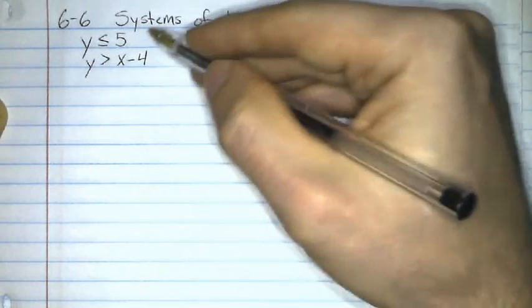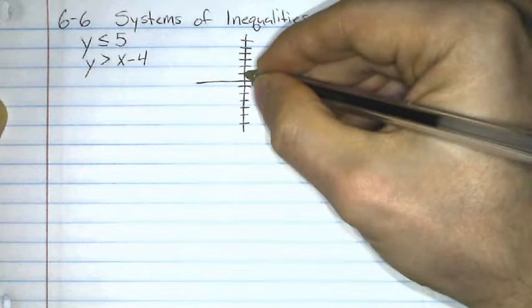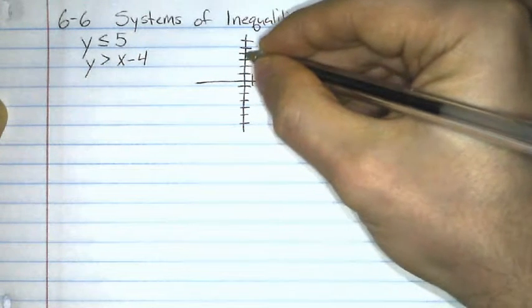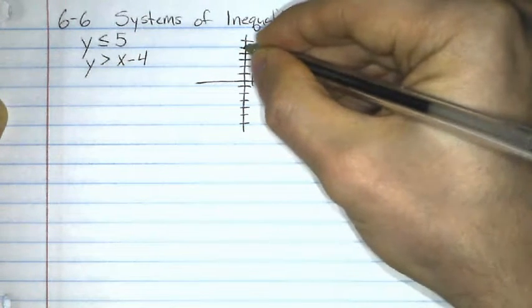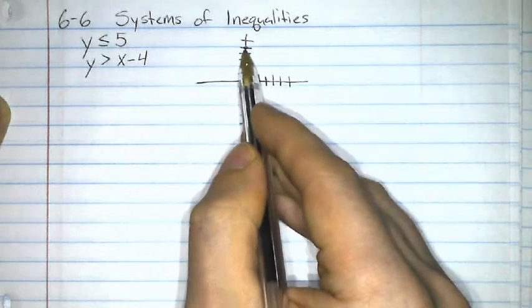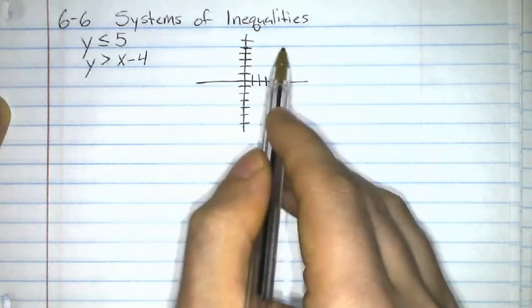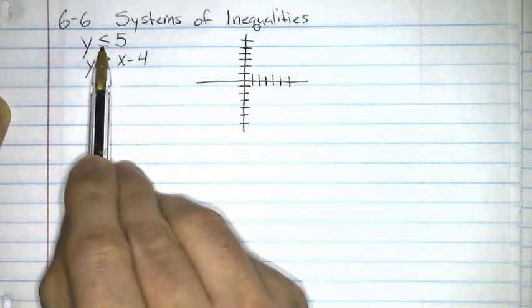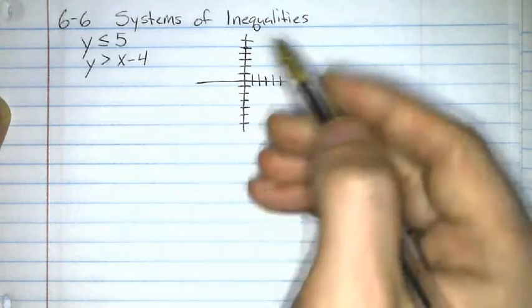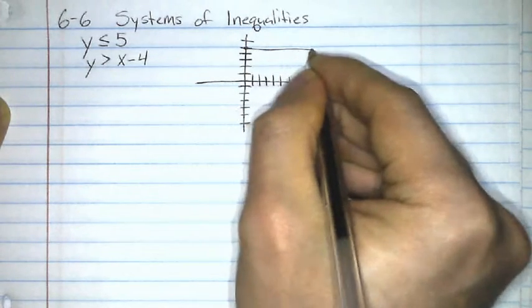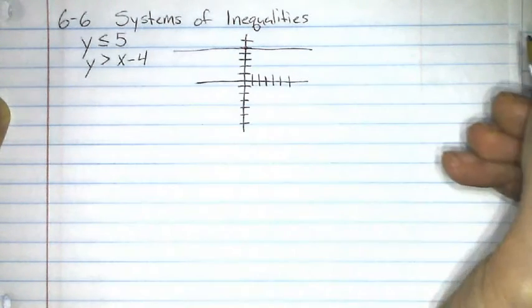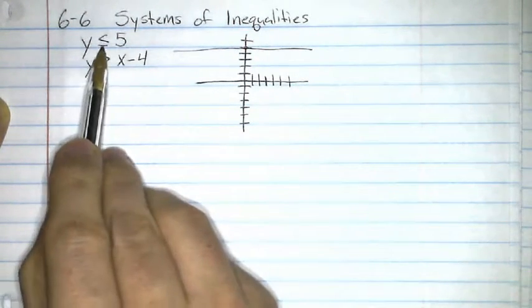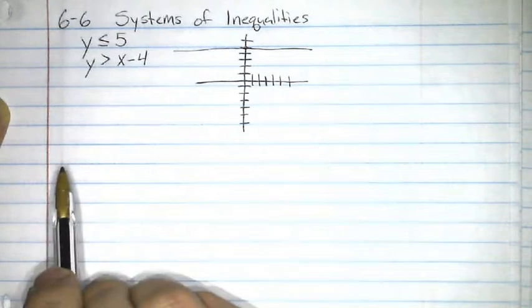Since there is nothing else here to go off of, we go up 5, 1, 2, 3, 4, 5, and right there, we're actually going to mark right across y equals 5. Now, remember, this is less than or equal to. Because of that equal to, we're going to use a solid line. If it was just less than or greater than, it would be a dotted line.